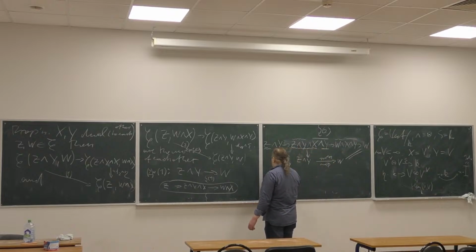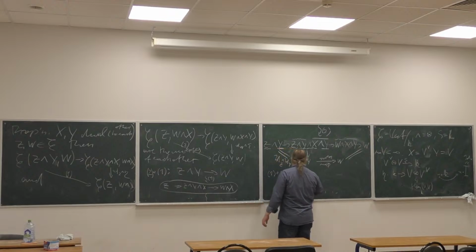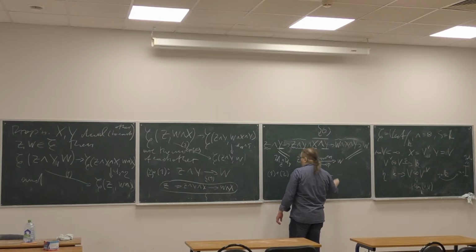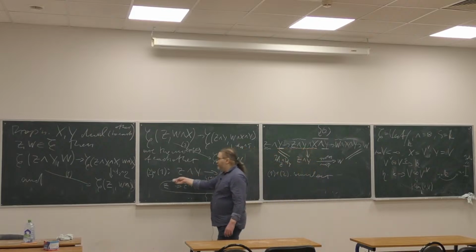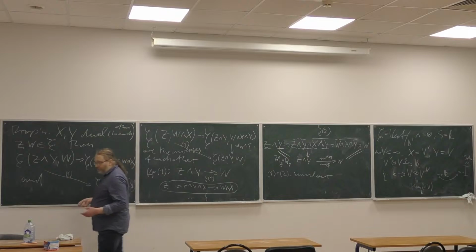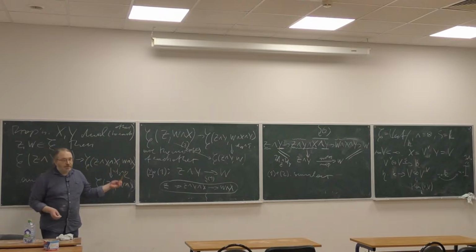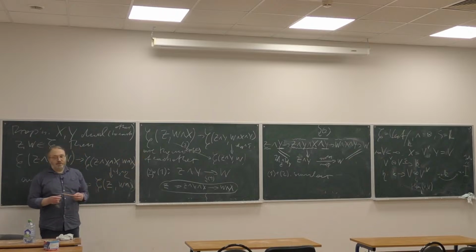And my claim is, if we compose first 2 and 1, we also get the identity map, but this time we have to use the other half of the definition of dualizable objects. Are there any questions?